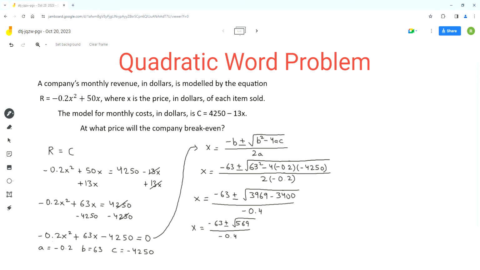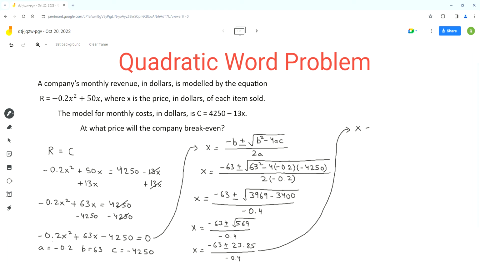Now we can evaluate the square root of 569. So I get 23.85. Here I am rounding the answer to 2 decimal places, but you can do the rounding as per the given rounding instruction in the problem. Now we get two cases here: a positive case and a negative case.